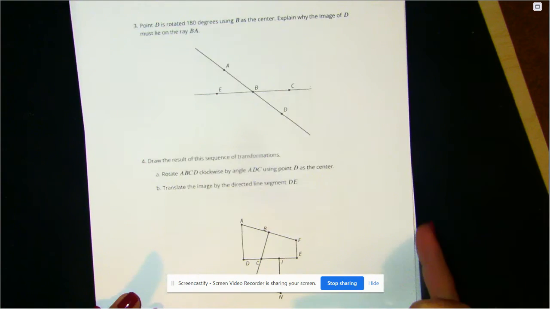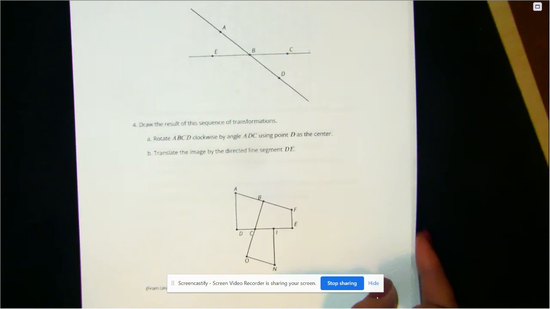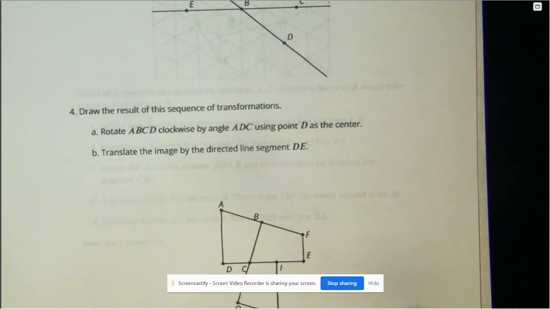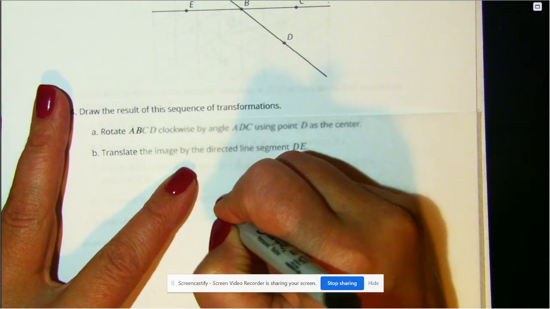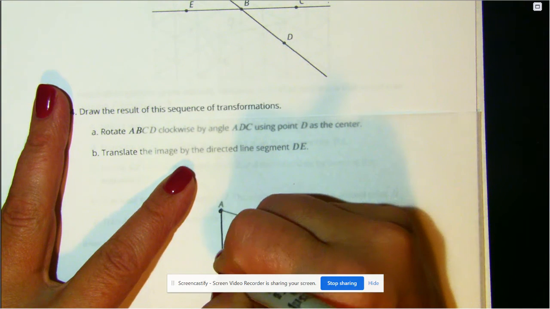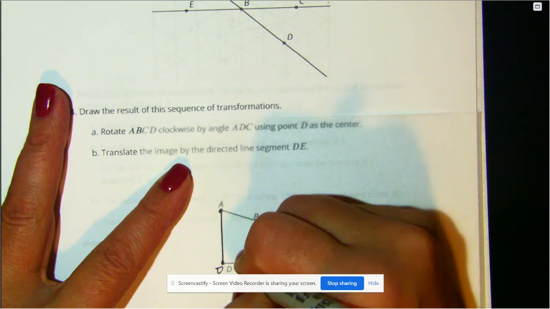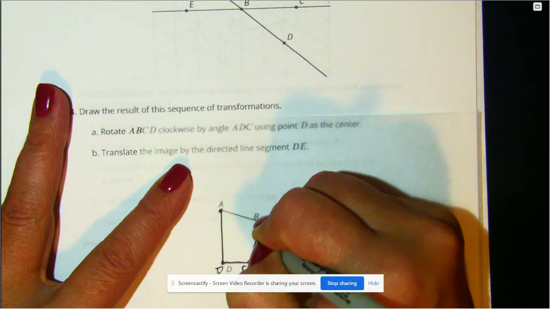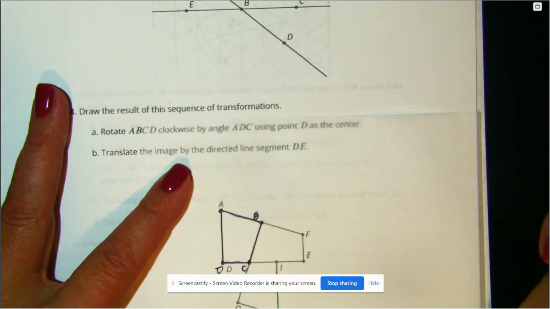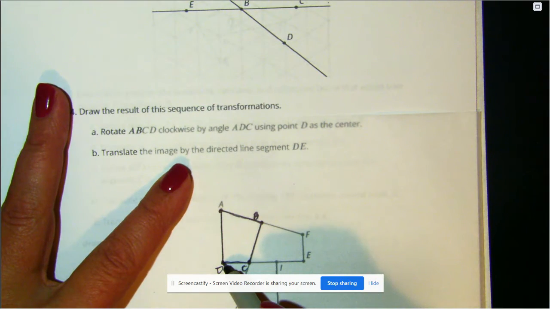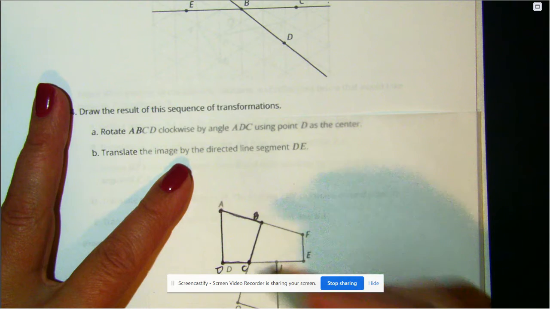Number 4, draw the results of this sequence of transformations. Rotate ABCD clockwise by angle ADC using point D as the center. So we're taking this quadrilateral right here. Now we're rotating it using point D as the center by angle ADC.